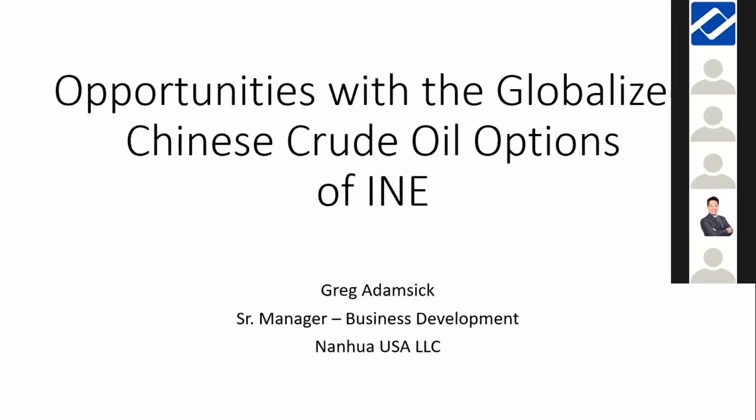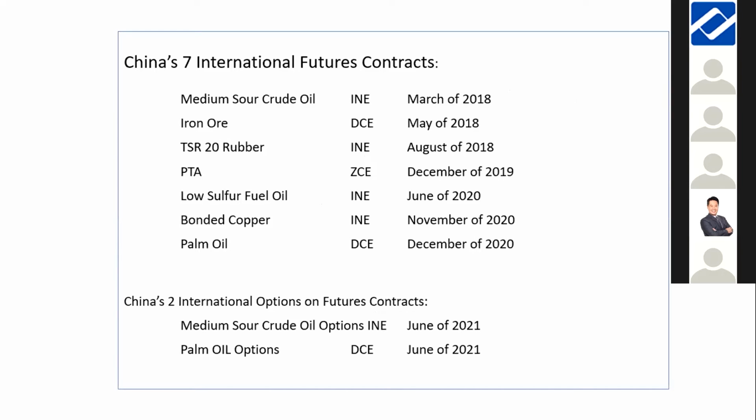Before jumping into that, I would like to give a brief description of the international contracts: 7 international futures contracts and 2 international options on futures contracts that are open to foreign investors of the Chinese contracts. The first, medium sour crude, started in March of 2018.